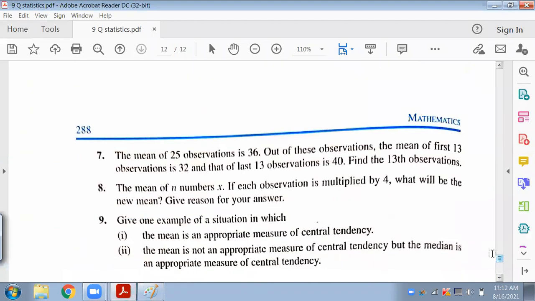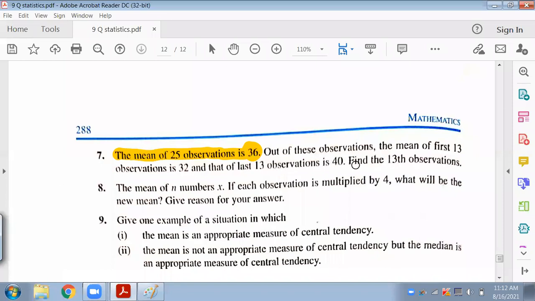Number 7. See the question. The mean of 25 observations is 36. So the mean of 25 observations is given, and from there we can find the total of 25 observations. Out of these observations, the mean of the first 13 observations is 32, and that of the last 13 observations is 40.